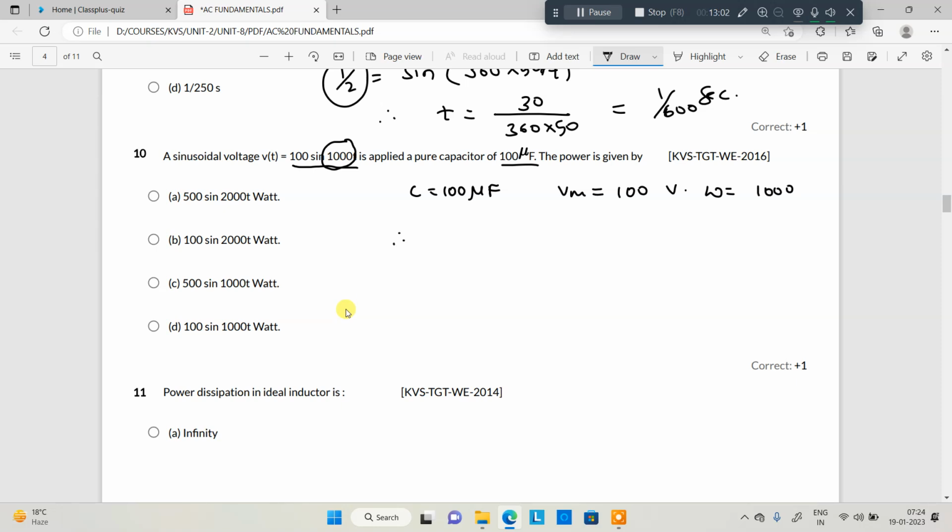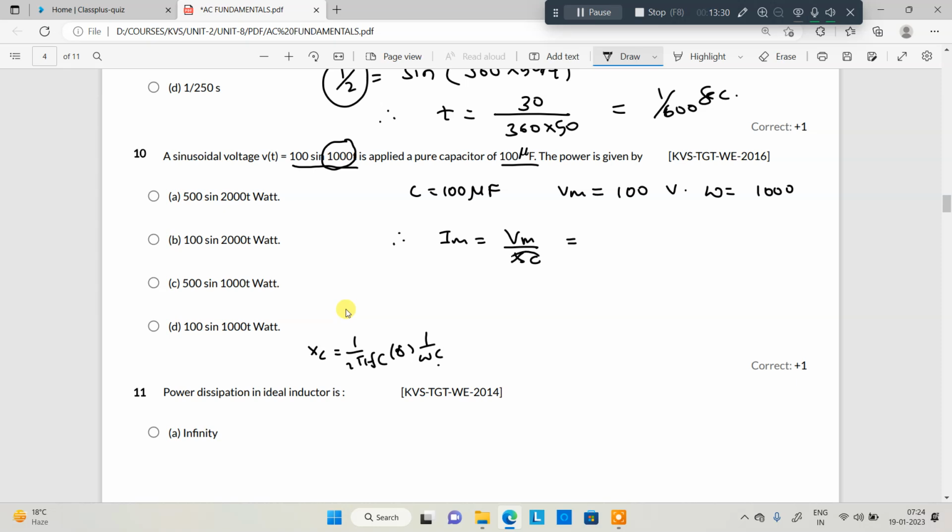From our basics of a pure capacitor from the theory class, Im is equal to Vm by Xc. Xc is equal to 1 by 2 pi fC, or 1 by omega C. So Xc can be replaced by 1 by omega C, right?